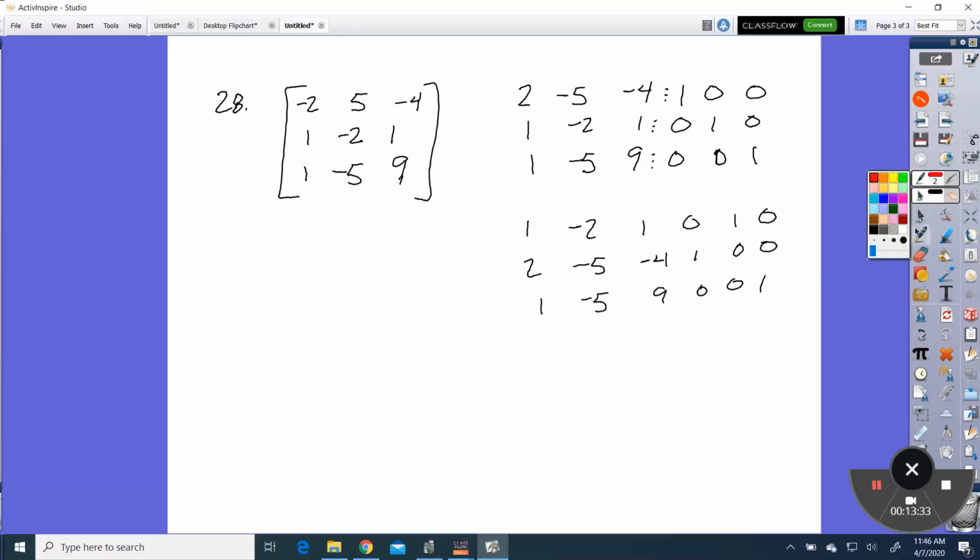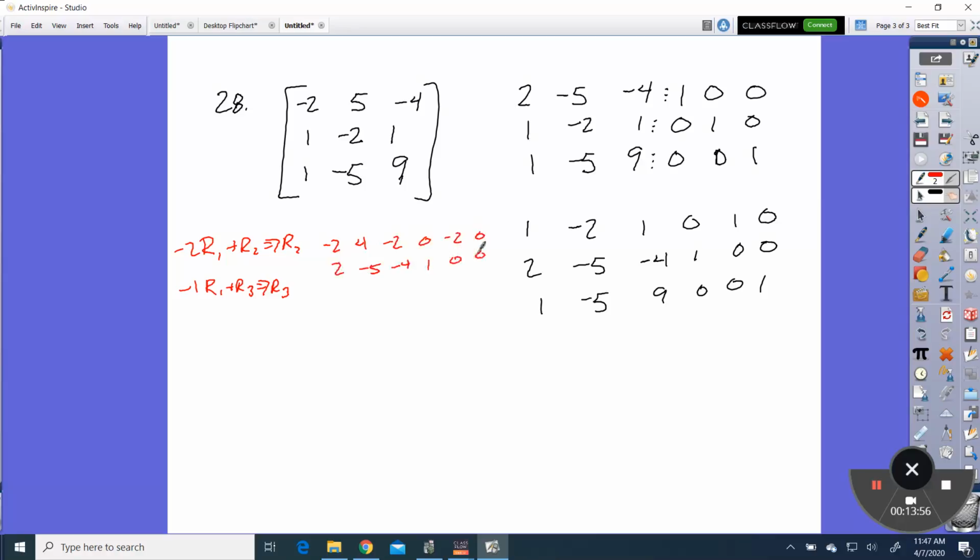And then this is where we do all of the row operations, like -2 times row 1 plus row 2 makes a new row 2. -1 times row 1 plus row 3 makes a new row 3. So I'd do -2 times all this, so I'd have -2, 4, -2, 0, -2, 0, add 2, -5, -4, 1, 0, 0.